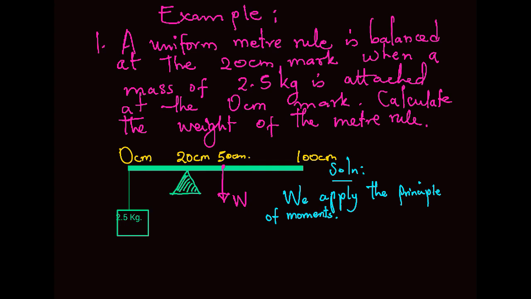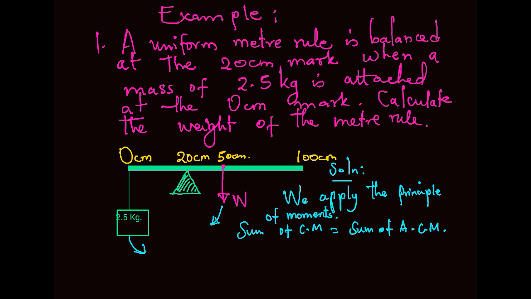That is, the sum of clockwise moments equals the sum of anti-clockwise moments. The clockwise moment is created by the weight, while the anti-clockwise moment is created by the mass of 2.5 kilograms.